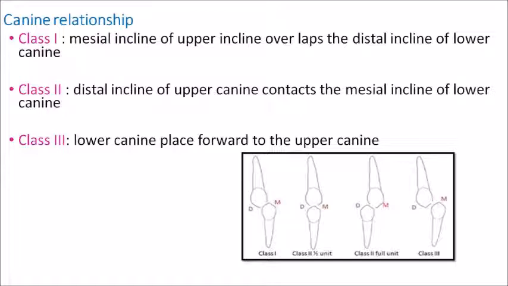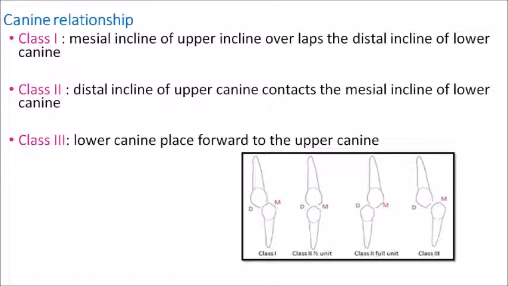Class 2 is when the distal incline of your upper canine contacts the mesial incline of your lower canine. Now class 3 is when your lower canine is placed forward to your upper canine, slightly further forward than your upper canine, then it is a class 3.